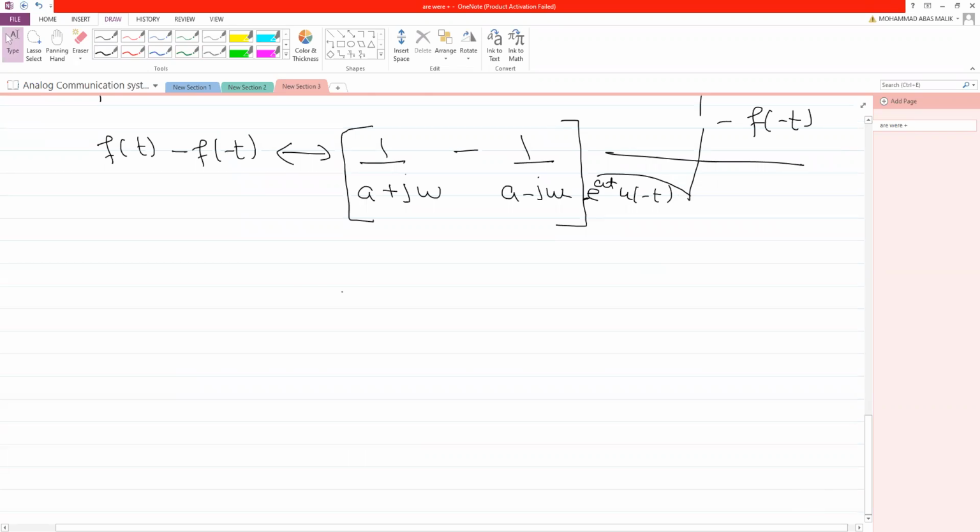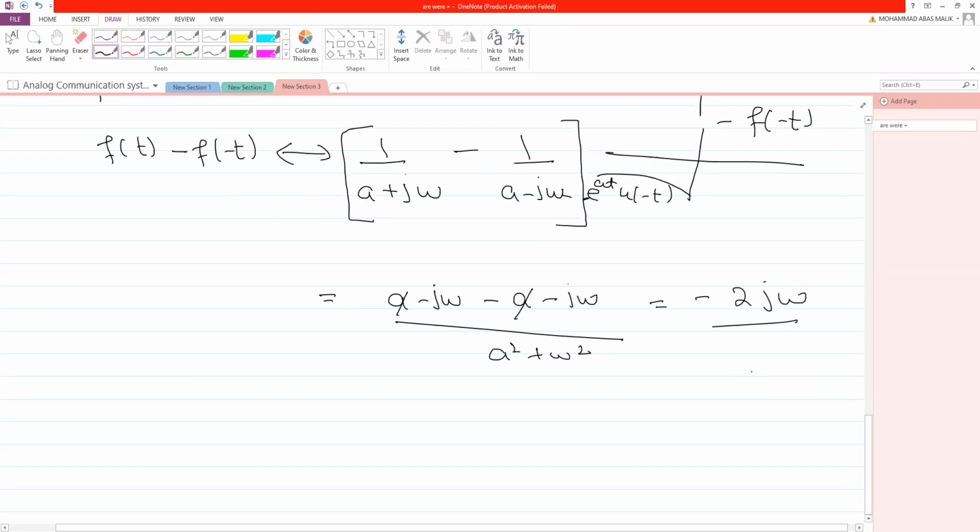So then this will be equal to a minus j omega minus a plus j omega, over a square plus omega square. Then a and a cancel out. It will be equal to minus 2j omega divided by a square plus omega square, right?